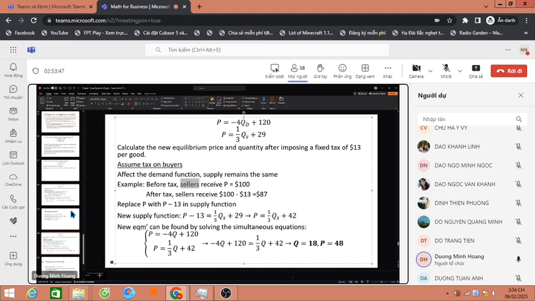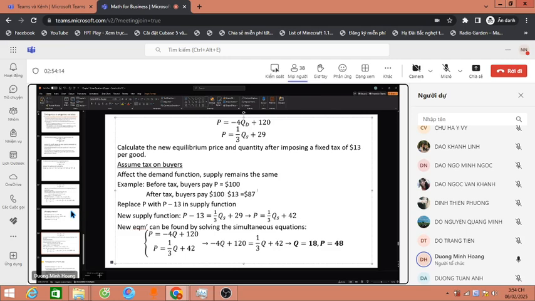Now, on the buyer side, before tax, buyers pay P plus $100. But after tax, they already paid $100 to sellers, but that is not done.